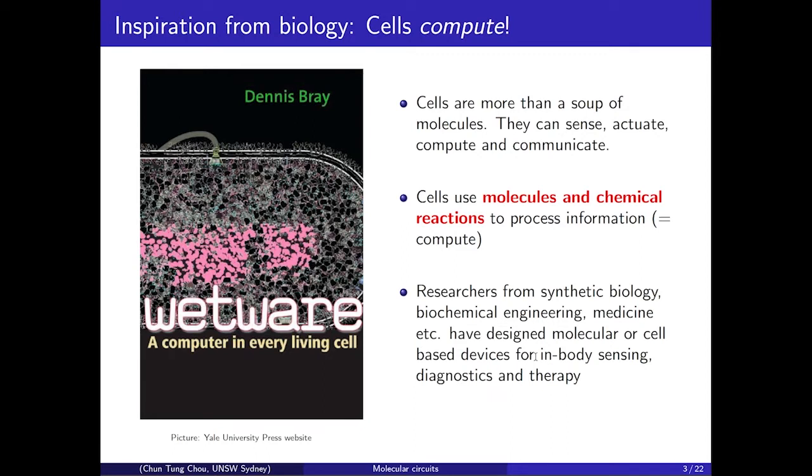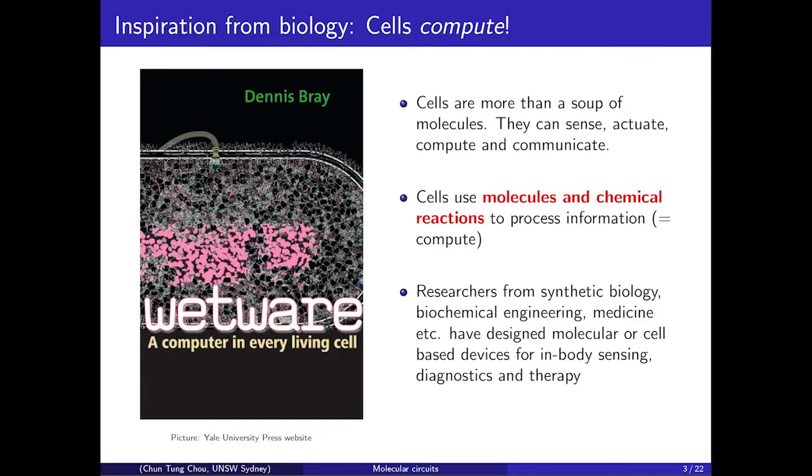What I'm showing you here is a cover from a book written by Dennis Bray, who is a very well-known biologist. The title of the book is Wetware, and the subtitle is A Computer in Every Living Cell. The picture on the book cover is a bacterium.